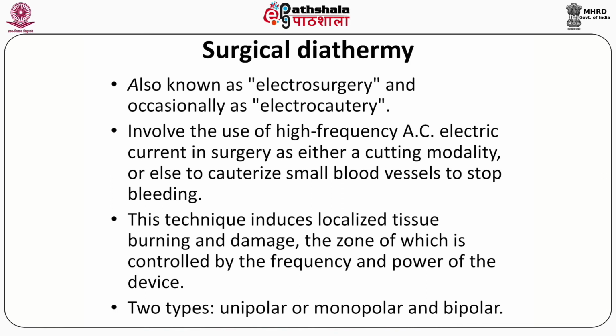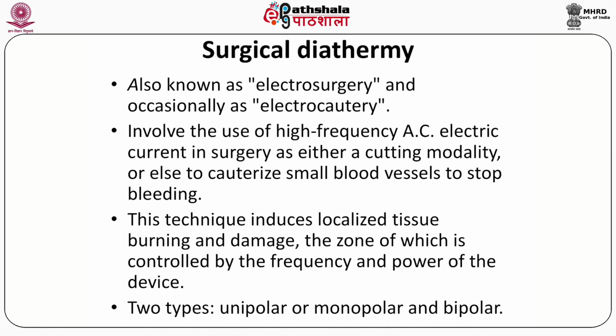So it commonly has two uses: one is the cutting modality, another is the cauterization of small blood vessels that cause bleeding, to stop the bleeding. This technique induces localized tissue burning and damage, the zone of which is controlled by the frequency and power of the device.